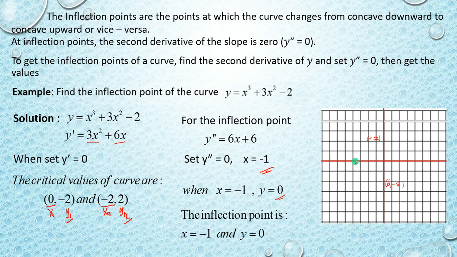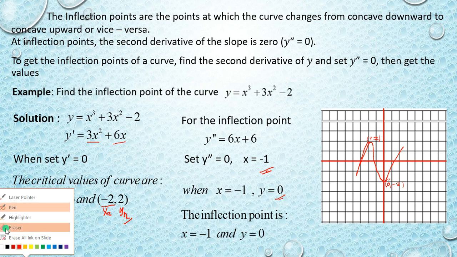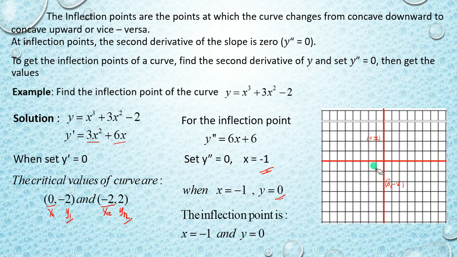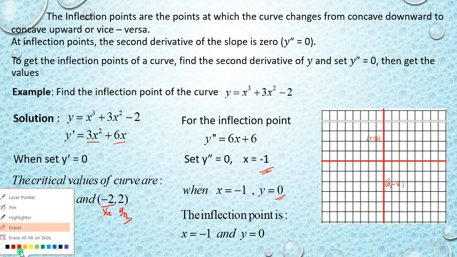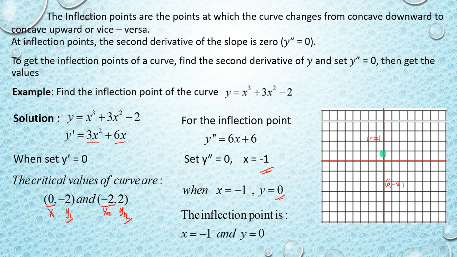And if we continue to solve for the graph, we form a graph like this. Because we have the inflection point at negative 1 and 0, somewhere here.